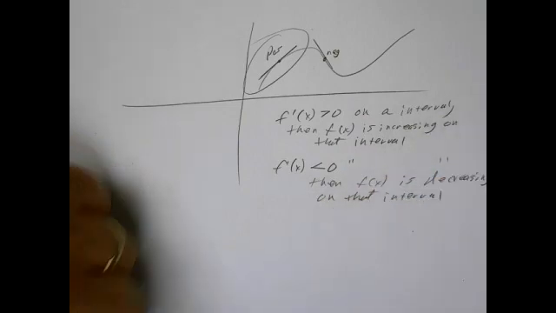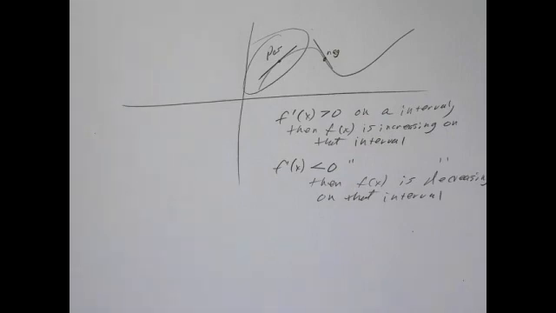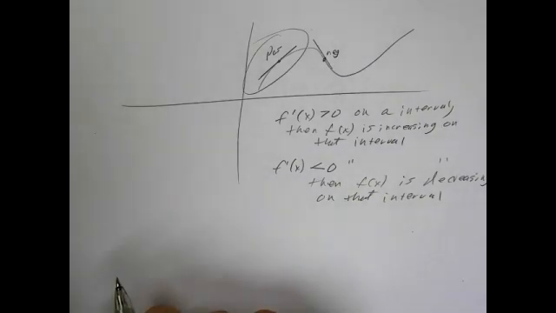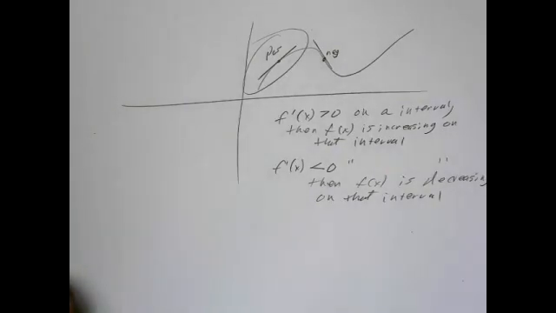All right, now in addition to that, before I do anything to test increasing or decreasing behavior of a particular function, something else I would like to point out is that we've already noticed that when the derivative is 0, you can have a max or you can have a minimum value, in particular a local max or a local min.